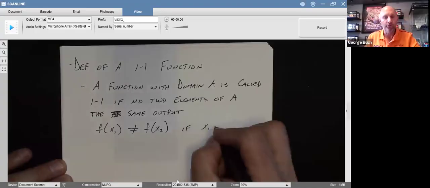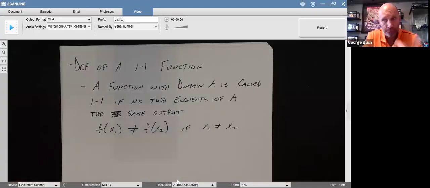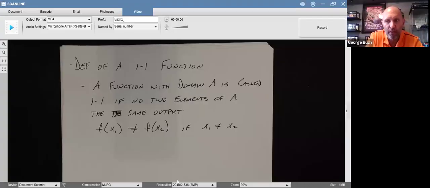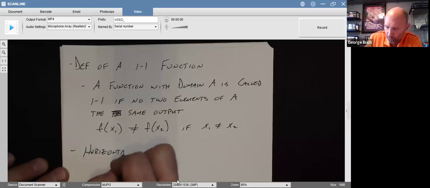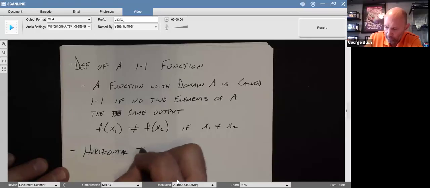Again, if we use our salary example, if I work 10 hours and I make $120, that's it. There's no other amount of time I can work that's going to give me $120. And graphically, we can see this using what's called the horizontal line test.